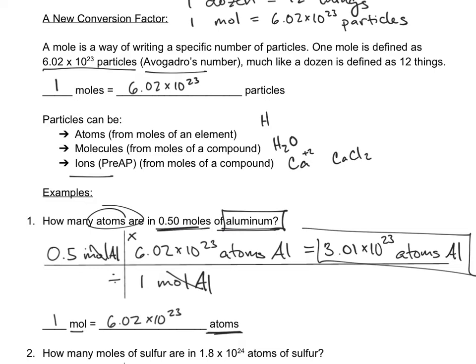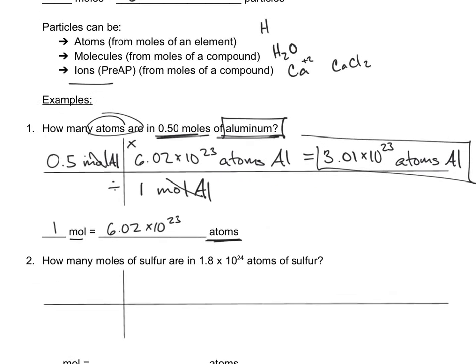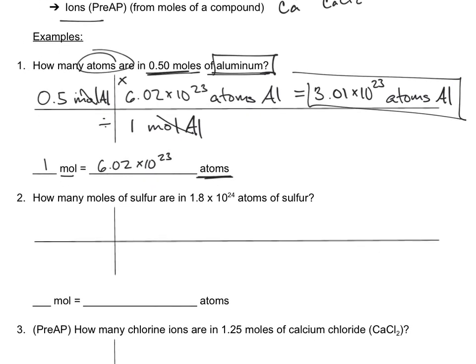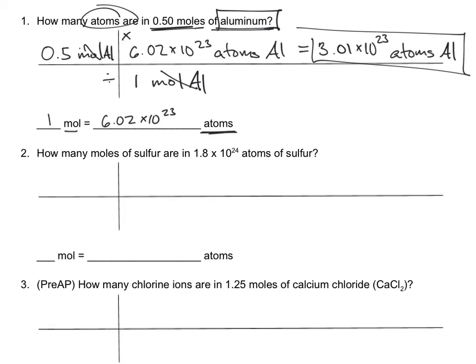All right, let's try number 2 down here. How many moles of sulfur are in 1.8 times 10 to the 24th atoms of sulfur? So we find our given information right here, 1.8 times 10 to the 24th atoms of sulfur. Slap that right here in the upper left-hand corner.